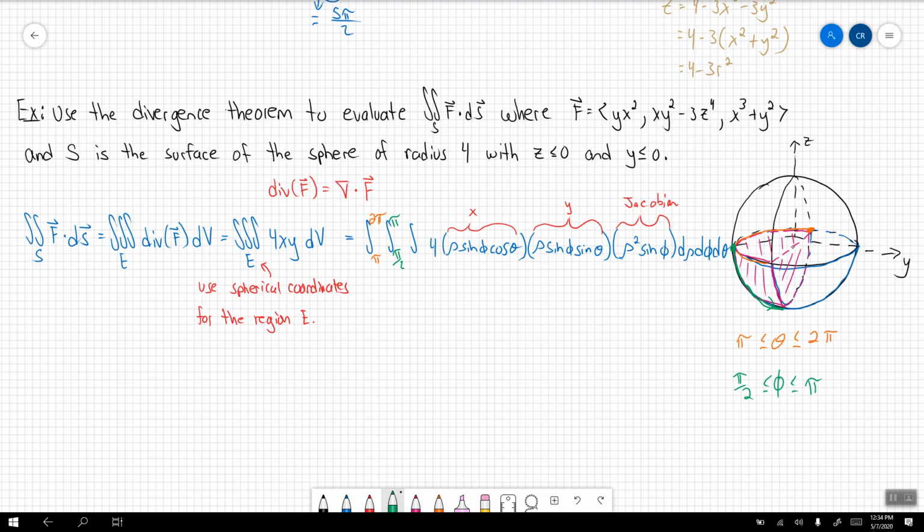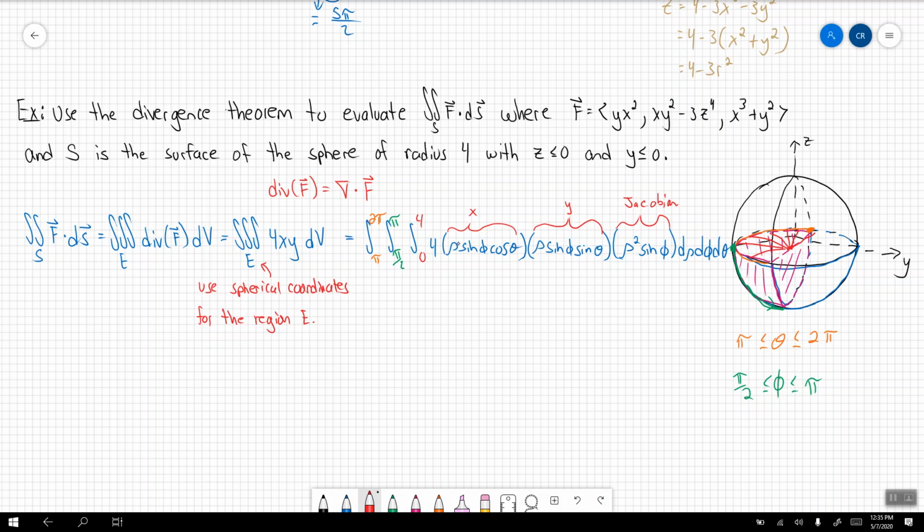What is the radius that is being traversed in order for me to calculate the whole region, or that whole volume inside? Well, that radius starts at 0 and it extends all the way out to a radius of 4. So my radius starts at 0 and extends all the way out to 4.